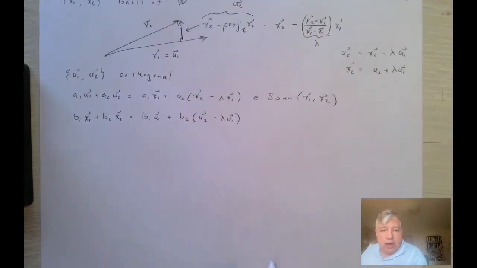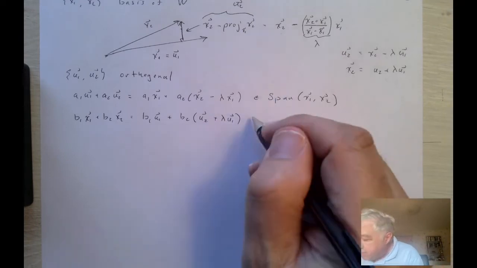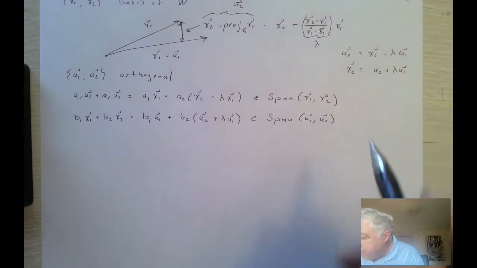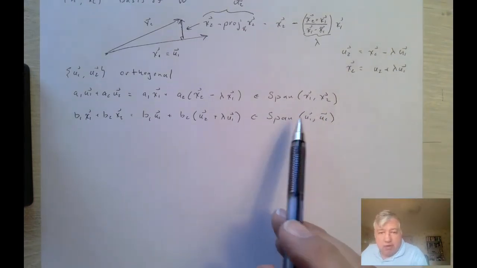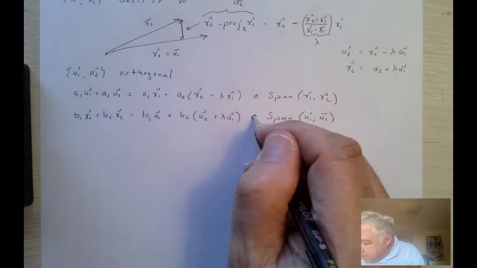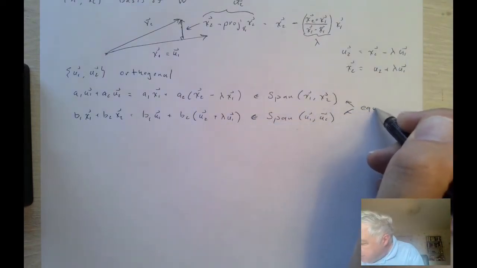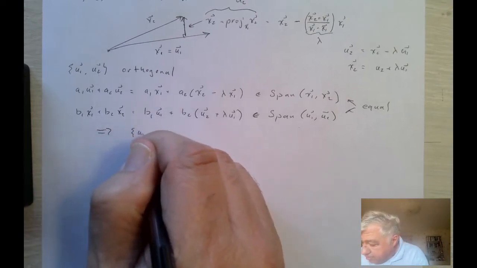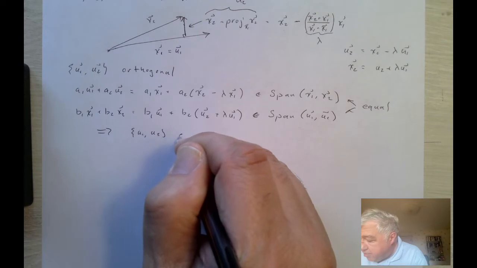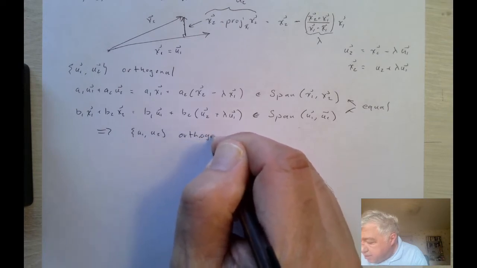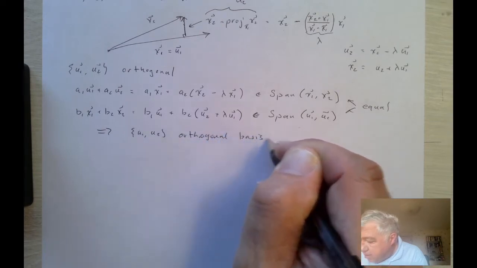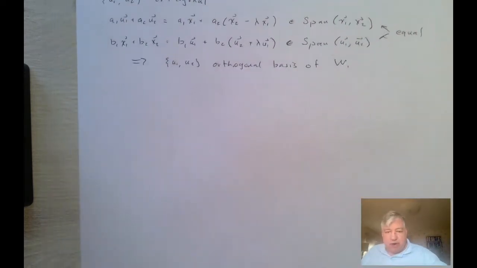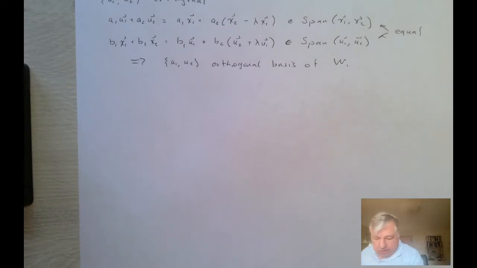So this is going to be a linear combination of u1 and u2. Okay, so we've shown that everything in here is contained in here, and everything in here is contained in here, so these have to be equal. And that shows that u1 and u2 will be an orthogonal basis of W.